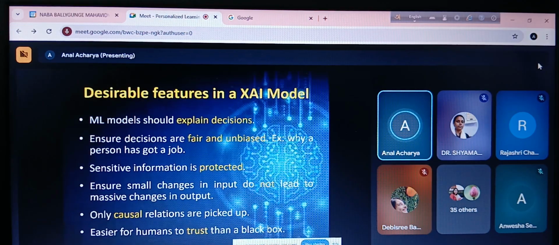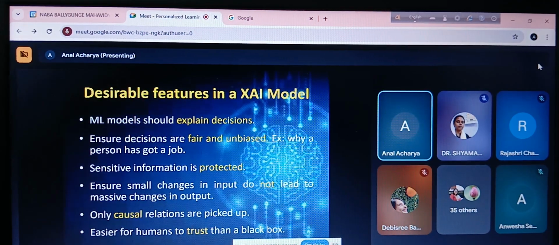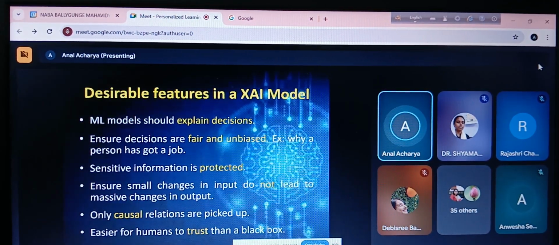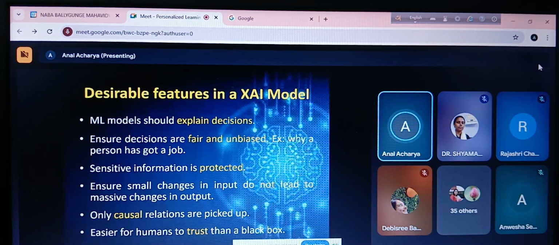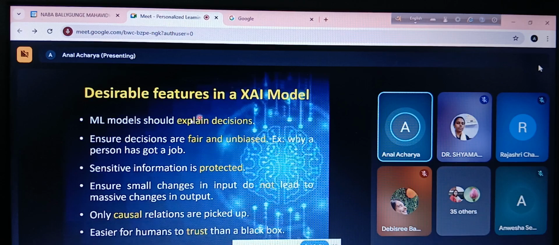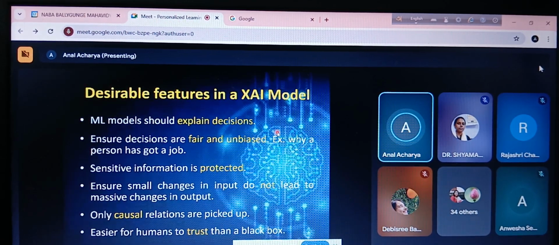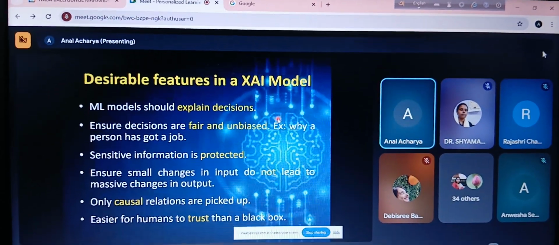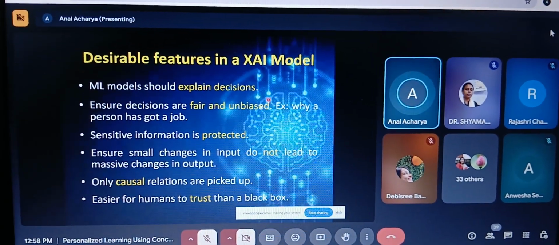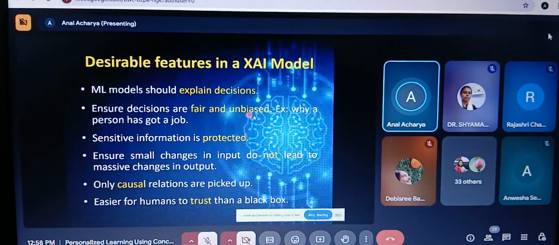Now, what are some of the desirable features? As I said, the machine learning model should be able to explain the decision, why the decision has been taken, right? It has to be ensured that the decisions are fair and unbiased.